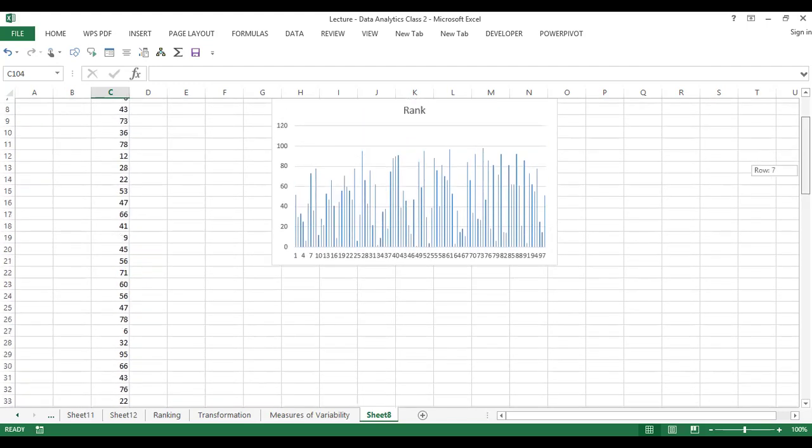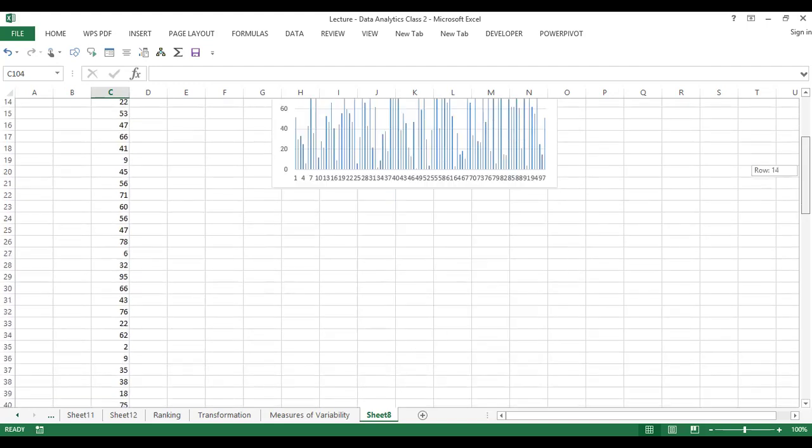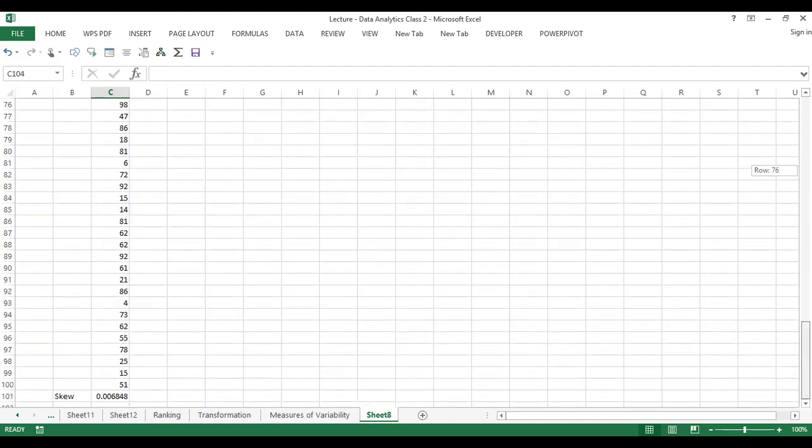Same with kurtosis. But for the kurtosis, I don't think that will be a high figure. Equals, let me get that range.